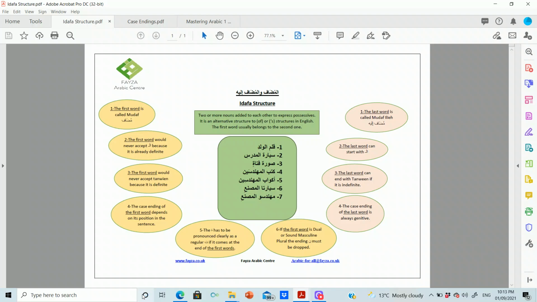But if it is dual, like number 4, كتاب المهندسين, then it's going to be ya noon. And in number 5, أكواب المهندسين, if it's a sound masculine plural, then again it's going to be ya noon. So simply, it's going to be a genitive case ending. How the word is going to express the genitive case ending depends on the type of the word itself, as we have explained in another video.